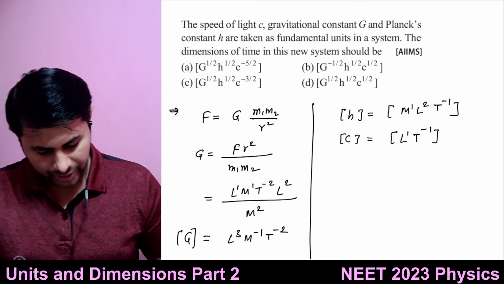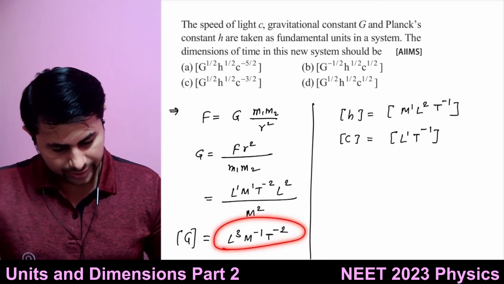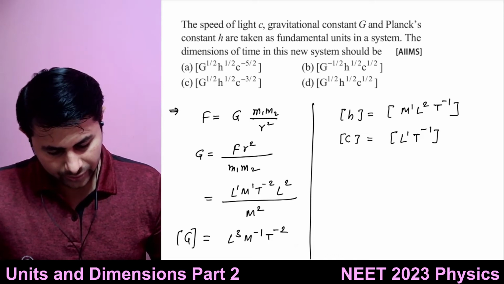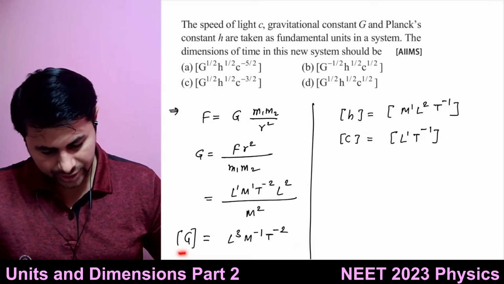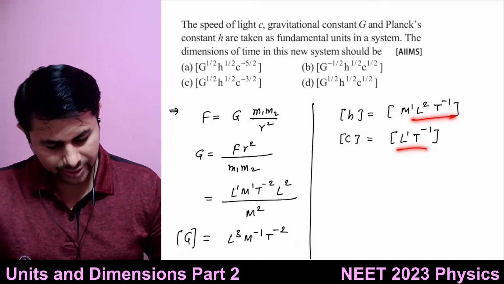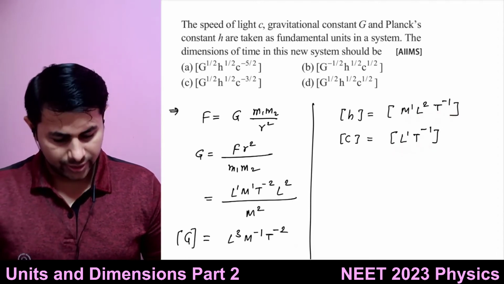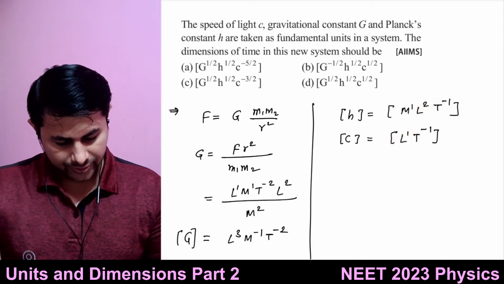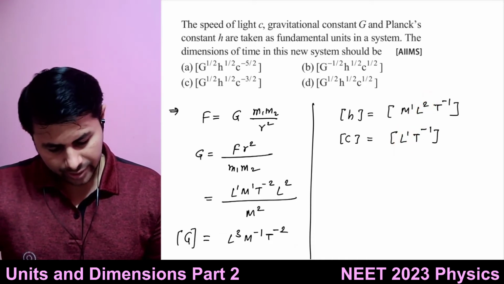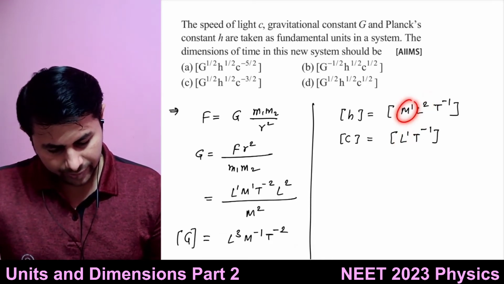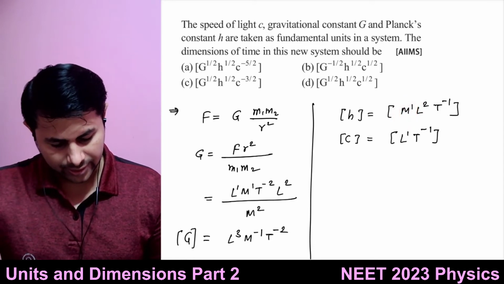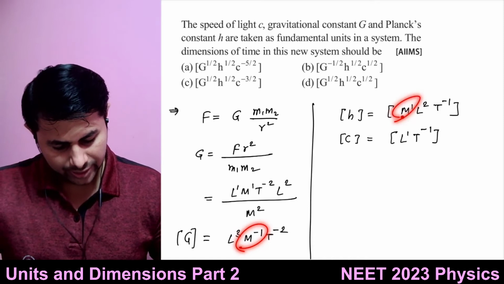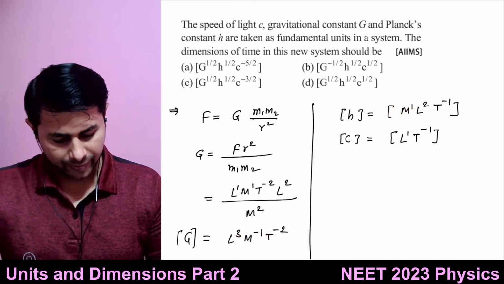Okay, so can we build a quantity using this? We have L cube, and we have to cancel it out. Let's say I take G in the numerator and these things in the denominator, or the reverse. This L will get cancelled out. But then what happens to the M? M doesn't get cancelled out, because it is M raised to minus 1 here and we have M raised to plus 1.